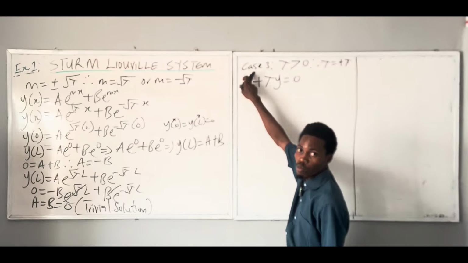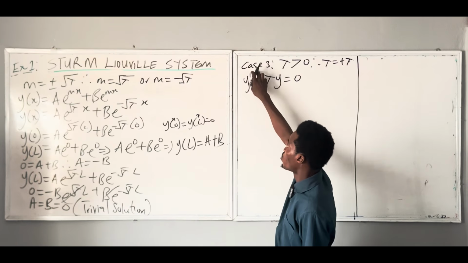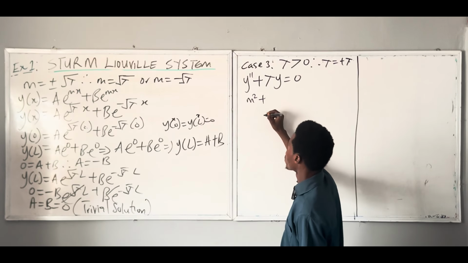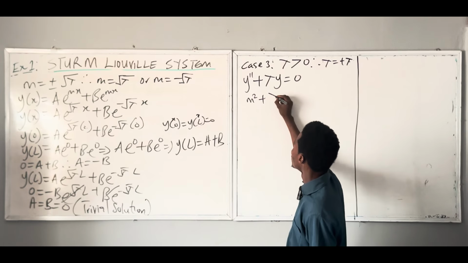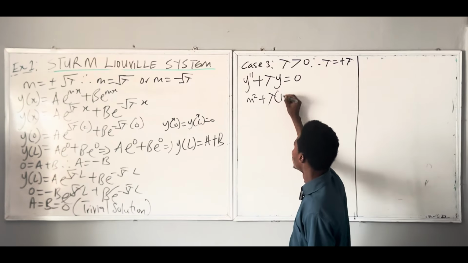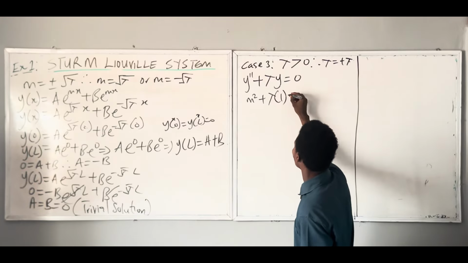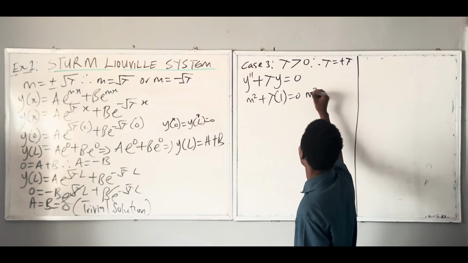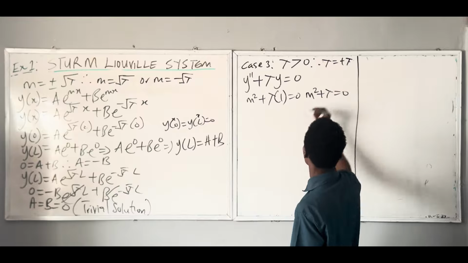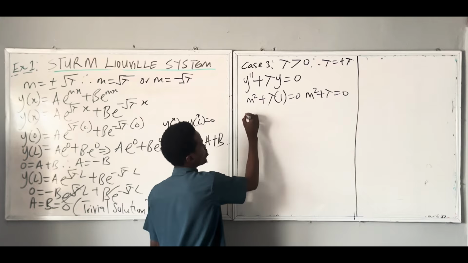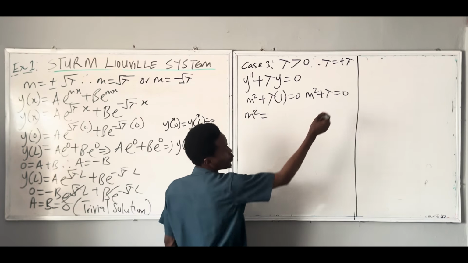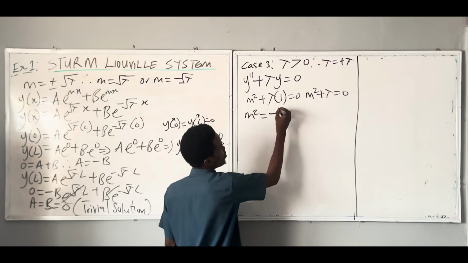So y double prime will give me m square, plus my lambda, but my y is 1, because the exponential will cancel the exponential. So it's equal to 0. So I'm going to have m square plus lambda is equal to 0. Taking plus lambda to the other side, I have m square equals minus lambda.